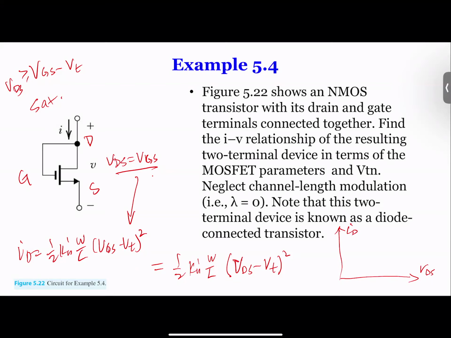So basically, if we're plotting ID versus VDS, it's always in saturation. VDS is some sort of value. How do you plot it? ID and VDS, VDS minus VT.